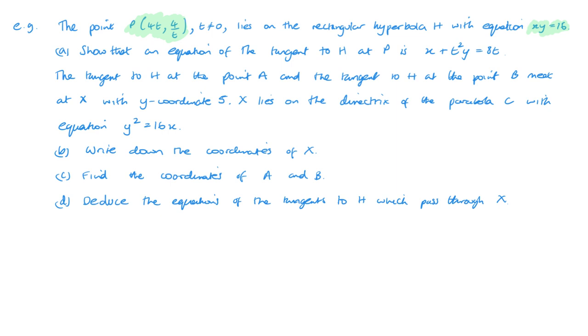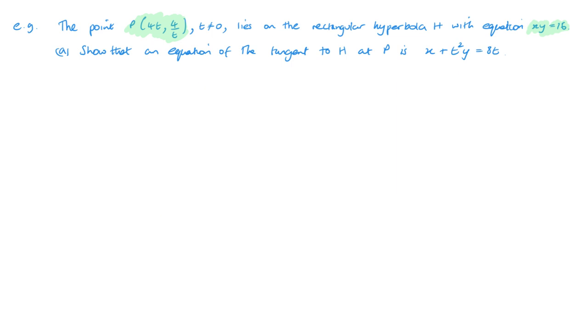Okay, so I'll just make a little bit more room and then we'll work on part A. So we have the equation xy equals 16, so y equals 16x to the minus 1. Now if I differentiate this, I get minus 16 over x squared, or minus 16x to the minus 2.